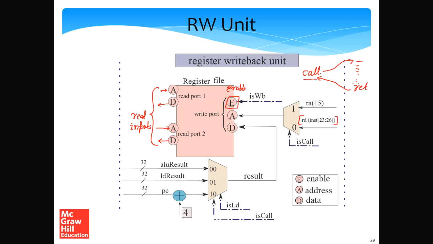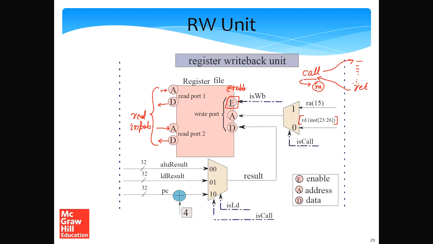So when we call a function, we are supposed to write the return address into the RA register, or R15. So the call instruction is associated with a register write, because the address of the next instruction after the call needs to be written into register R15 or RA. Thus the register write is involved.